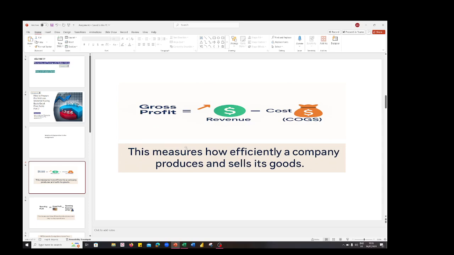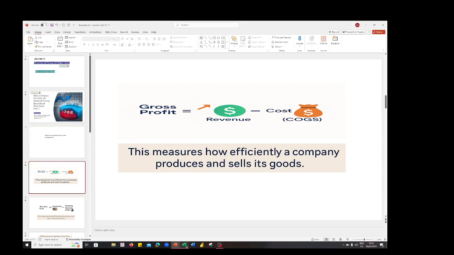So if you are having a gross loss, definitely you will know that your cost of producing, or the cost of raw materials you use to produce your product, is higher than your revenue. Then you have to look at it. So your gross profit measures how efficiently you are producing and at the same time selling.